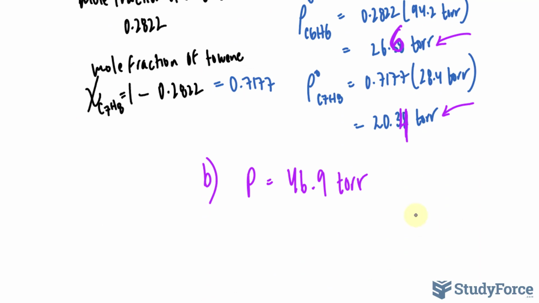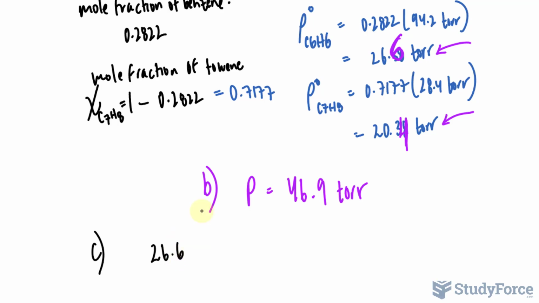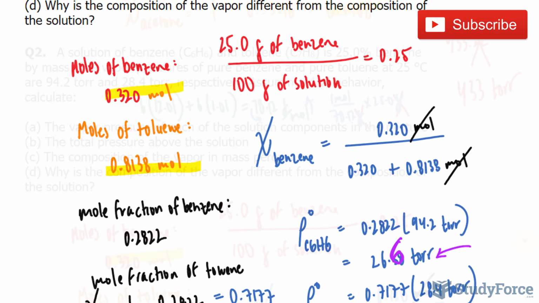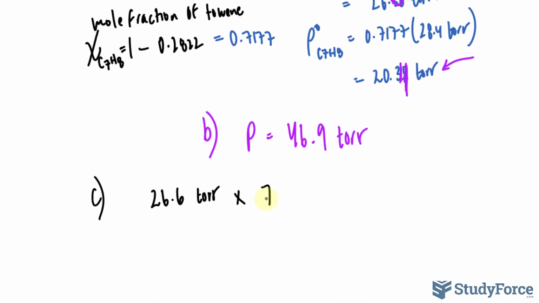But what you do for part C to find the composition of the vapor is you take the individual pressures. So we take 26.6 torr, let's say for the benzene, and we multiply it to its molar mass. Its molar mass was found above as 78.12 grams per mole.